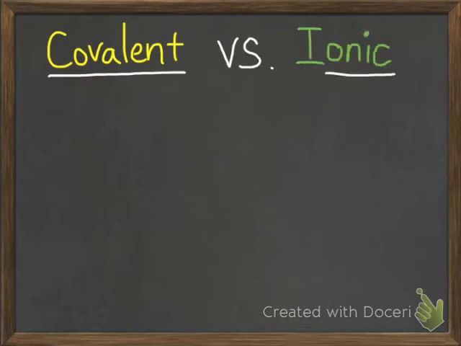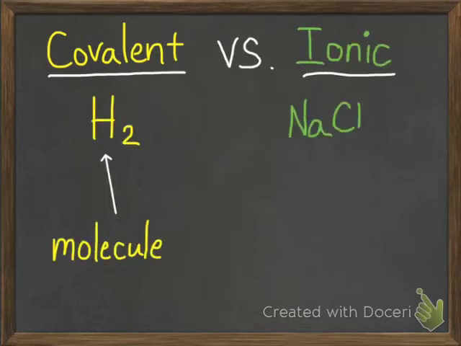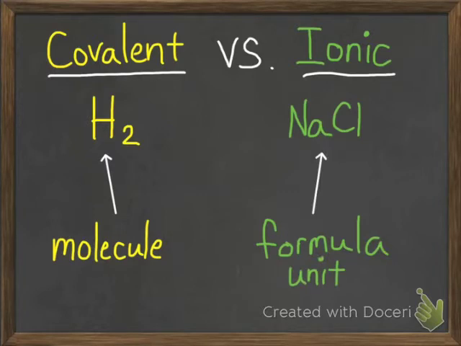So last chapter we talked about ionic bonds, and now we're going to be talking about covalent bonds. So in covalent bonds, that's when we talk about molecules. So hydrogen gas, H2, is something that we call a molecule. And it is a flammable gas, and there's a single bond between each hydrogen in that molecule.